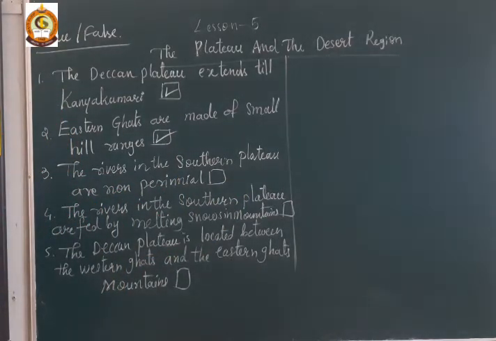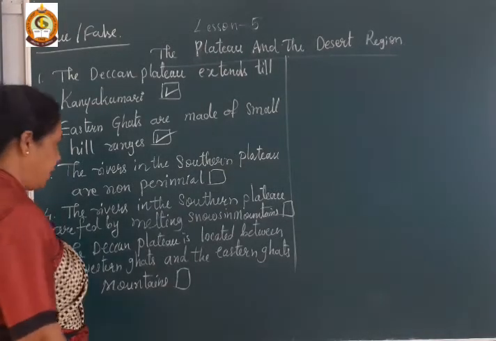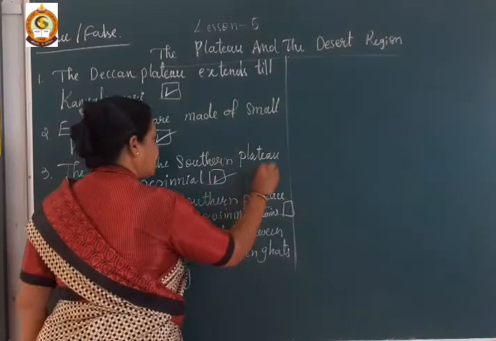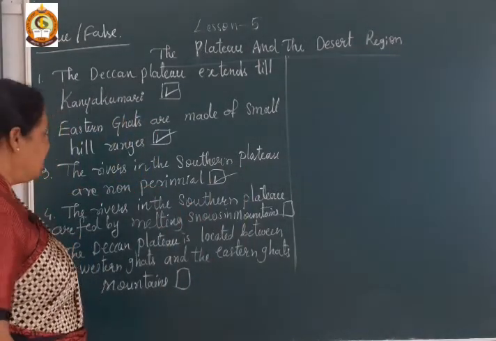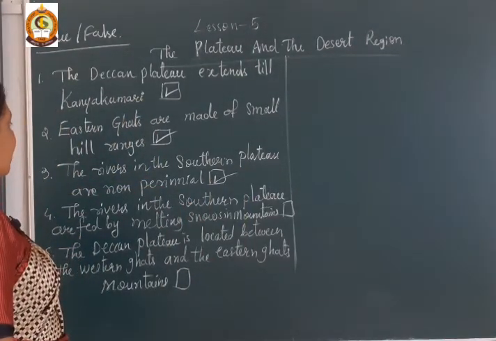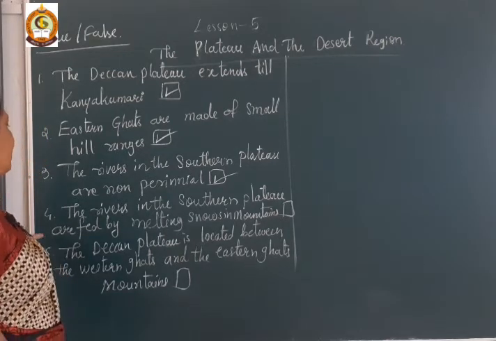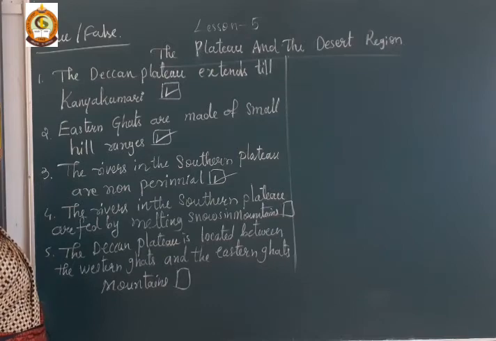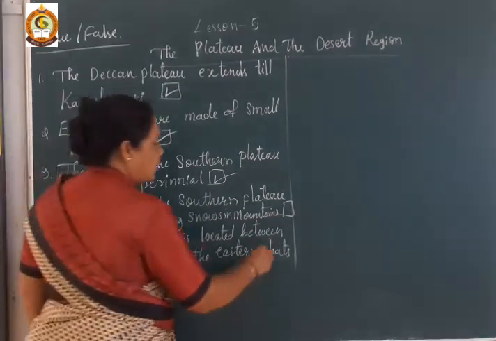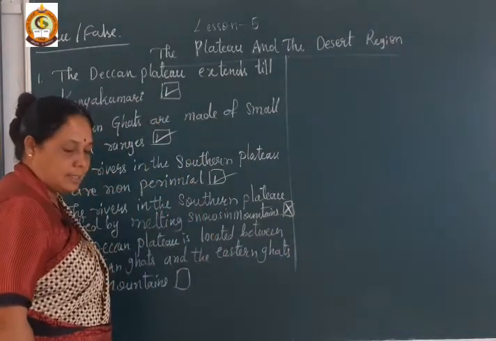Number 3, the rivers in the southern plateau are non-perennial. Yes, dear student, this is also a right sentence. Number 4, the rivers in the southern plateau are fed by melting snow in mountains. No, this is a wrong sentence.